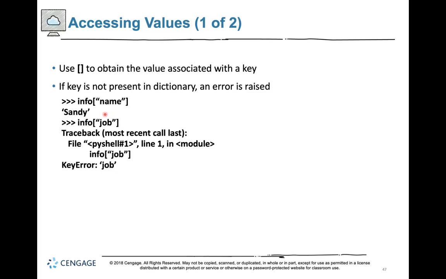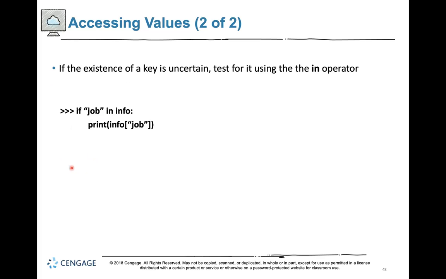If you have a key that doesn't exist, this is going to give you a key error exception. The in operator can be used to check if a key exists. We have now seen this in operator used with all these different types.